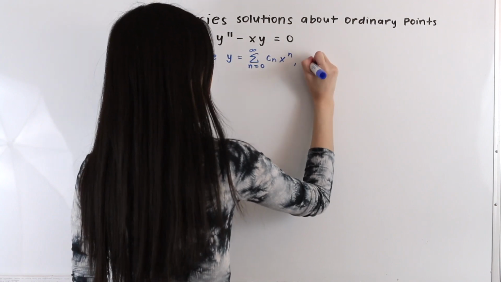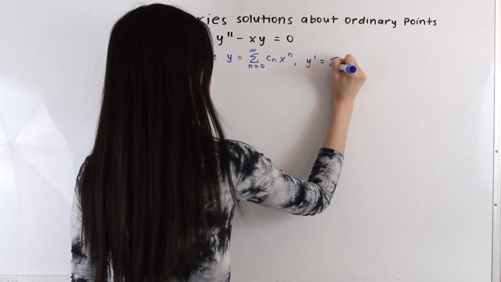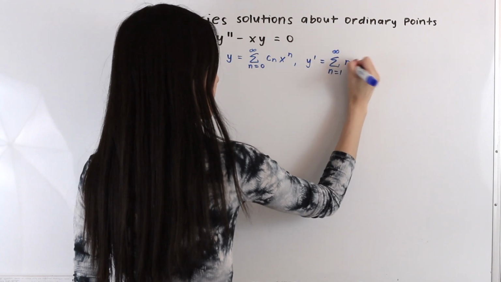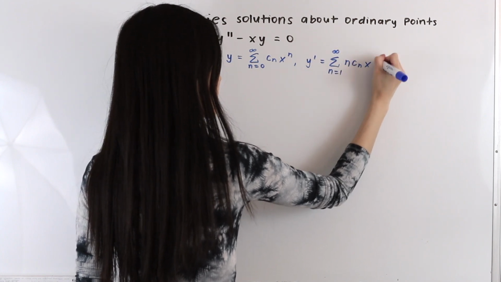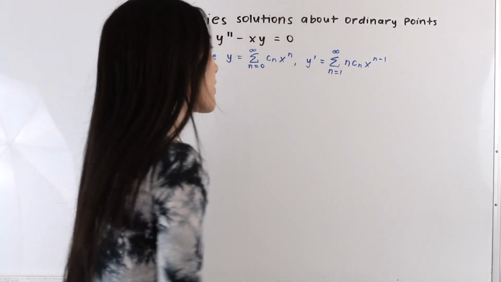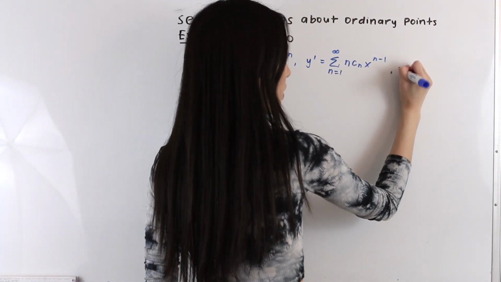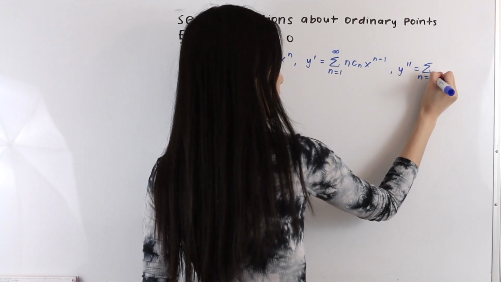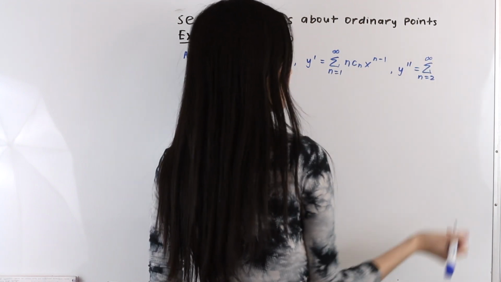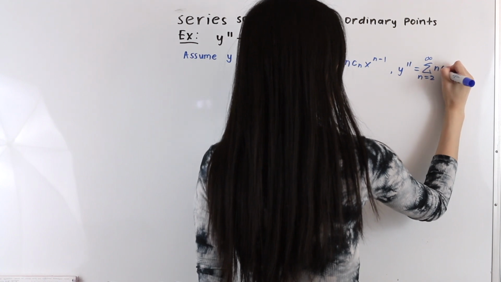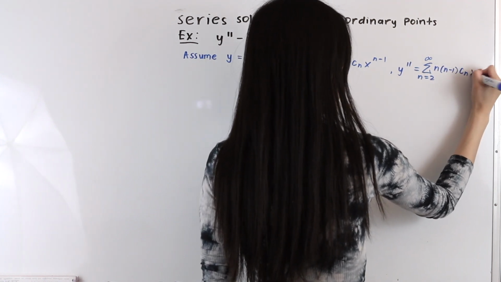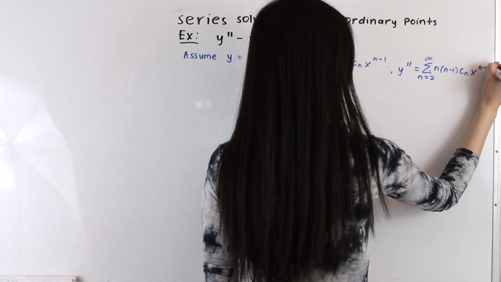So we have y prime is equal to the summation from n equals 1 to infinity of n times cn times x to the n minus 1, and y double prime is equal to the summation from n equals 2 to infinity of n times n minus 1 times cn times x to the n minus 2.